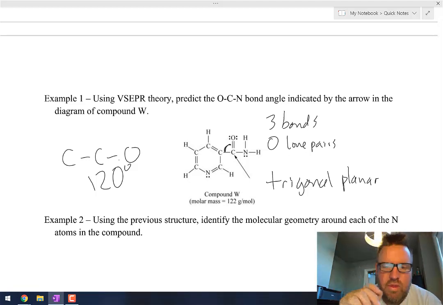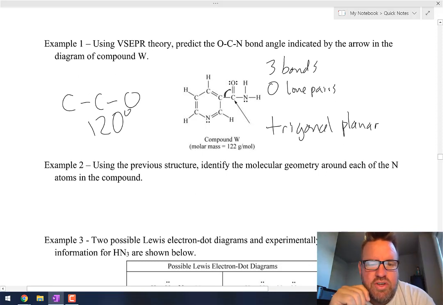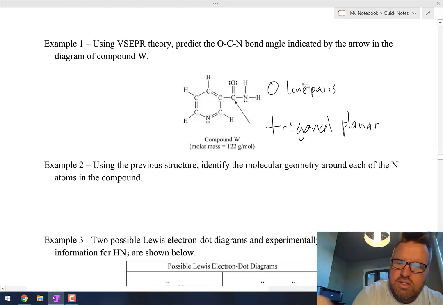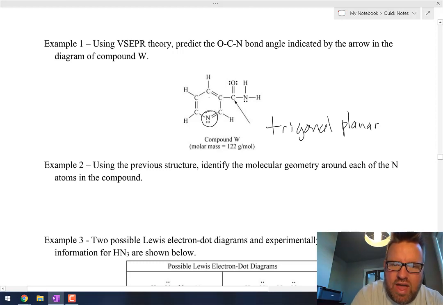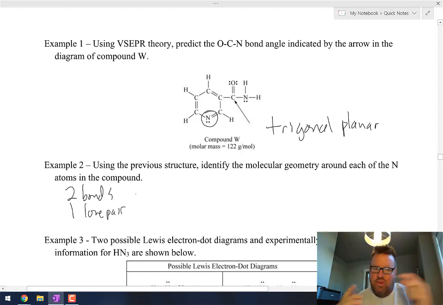All right, let's keep going. Example 2. Using the previous structure, identify the molecular geometry around each of the nitrogen atoms in the compound. There are 2 different nitrogen atoms, so let's start with this one right here. That nitrogen has 2 bonds and 1 lone pair on it. How do I know the shape of that?